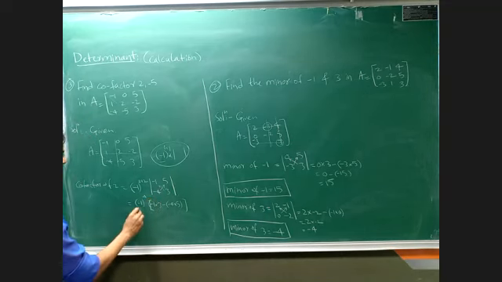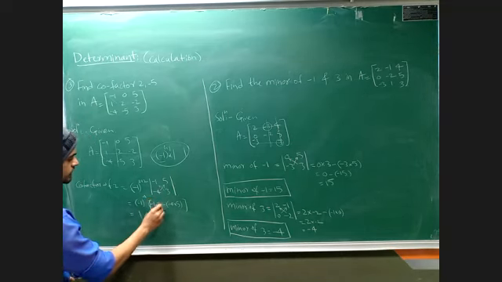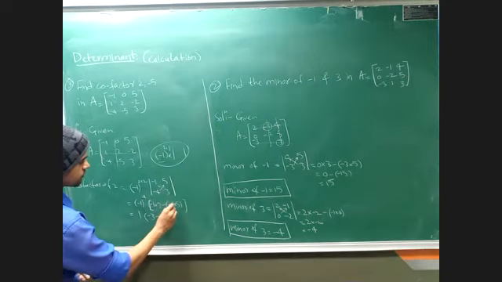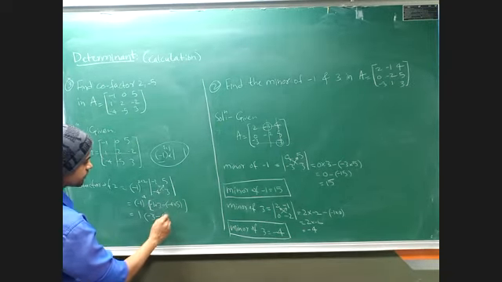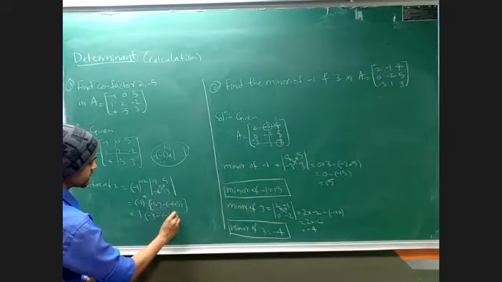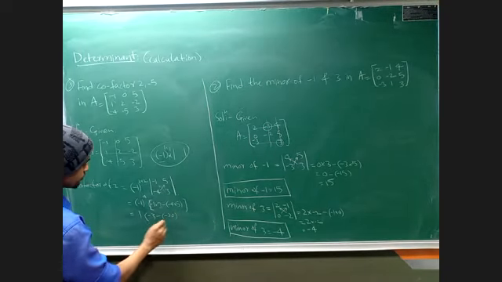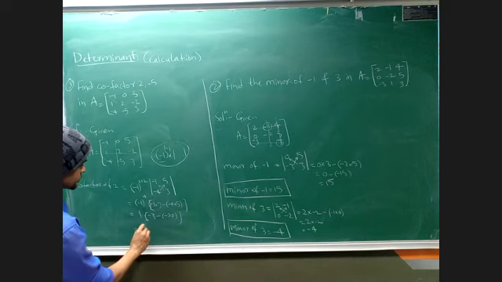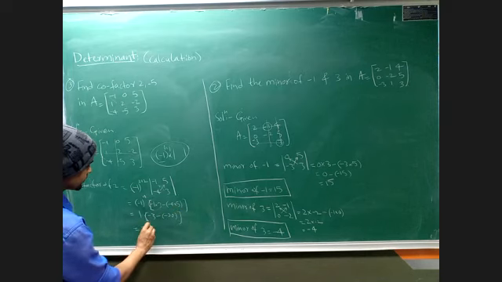So -1 into 3 is -3, and -4 into 5 is -20. This minus will be positive.